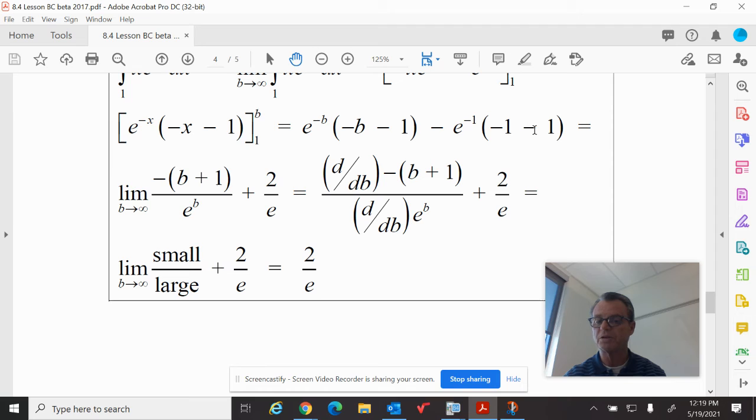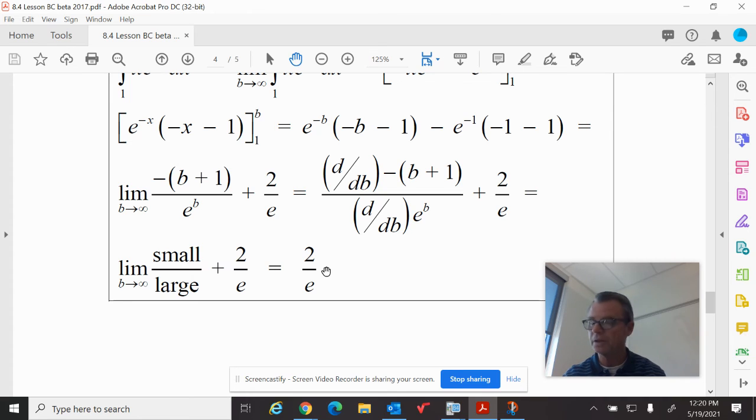This is negative 1 plus a negative 1 is negative 2, but I'm subtracting that, so I just made this plus 2 over e. And then this time I did show L'Hopital, but you could have multiplied by 1 over b. And this thing is going to be its own derivative. Okay. And you get small over large plus 2 over e, which is the value of the integral.